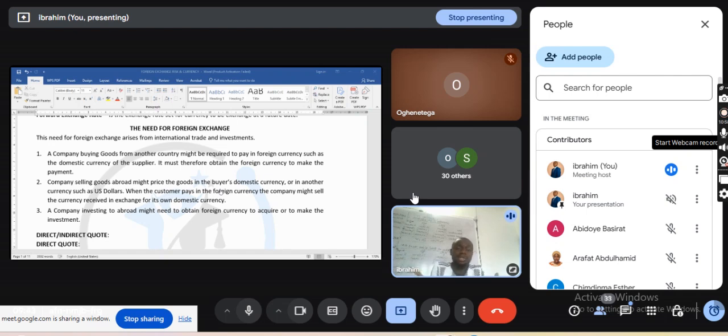Okay, let's use a practical illustration. Let's say for the purpose of this class, AA Limited is using a material to produce a finished product. They have a supplier overseas, and the supplier says you can buy on credit. You buy on credit when our spot rate is 1,650 per dollar.